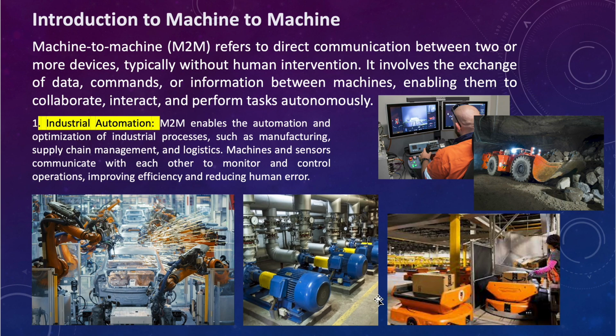So now let's take an introduction to machine to machine. Now before going into anything else, let's look at the direction that we are going on this applied IoT course.